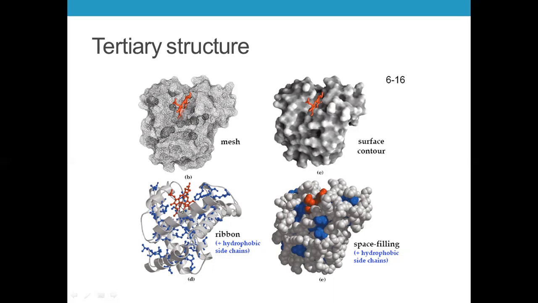So here there is a particular binding site. I think this is part of a hemoglobin, or you can see a heme group here, and these are some other group of atoms here that is not included in the secondary structure here.